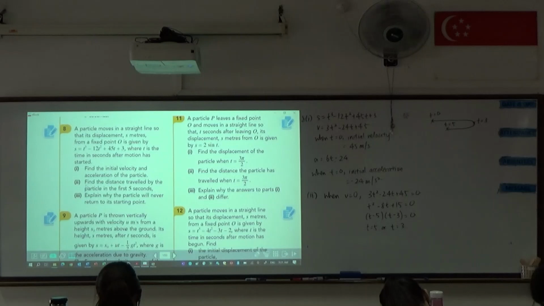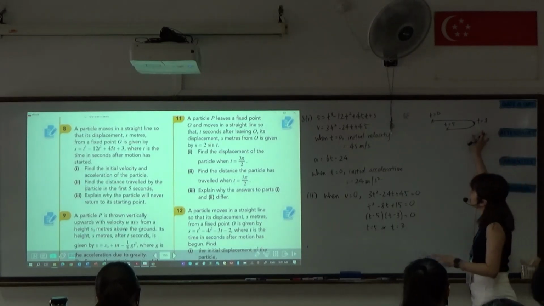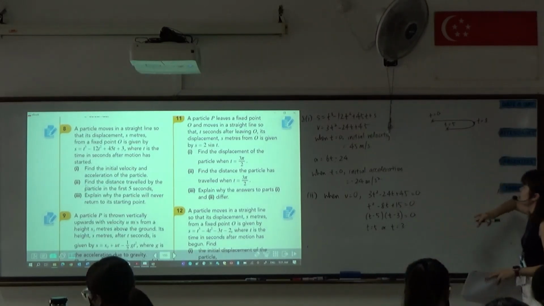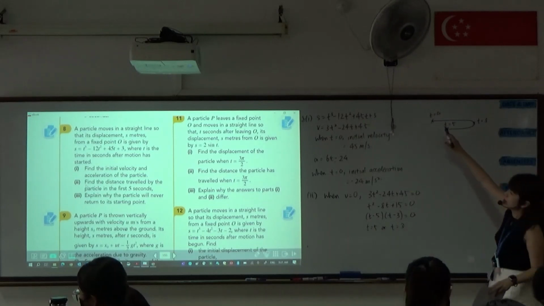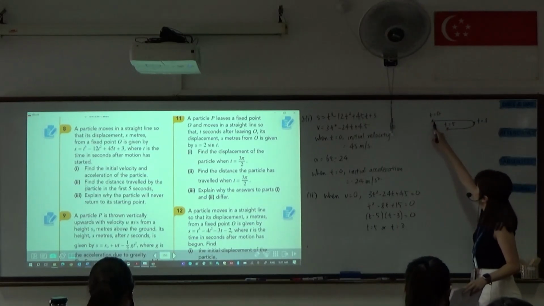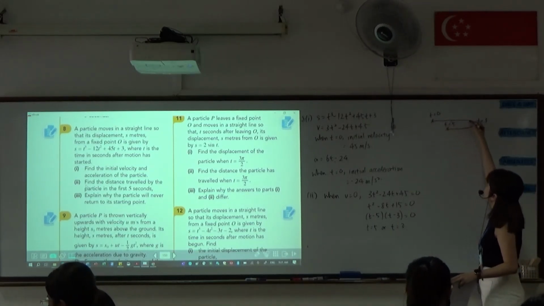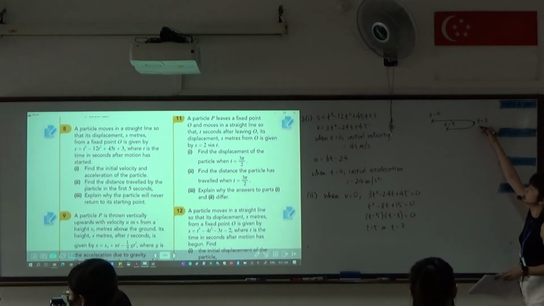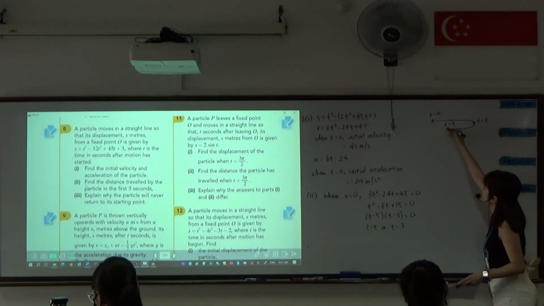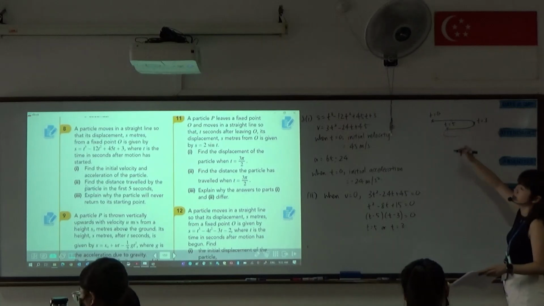So there are actually 2 turning points, which explains my diagram over here. We are taking from t equals 0, the fixed point O. It moves in a straight line direction, and then at t equals 3 it turns, and at t equals 5 it turns again.